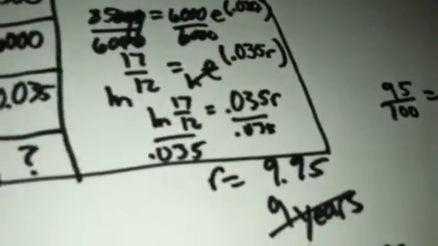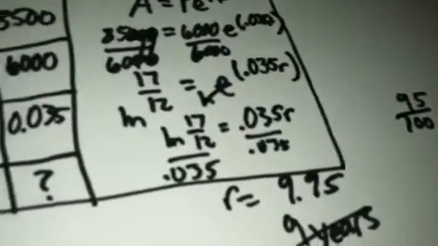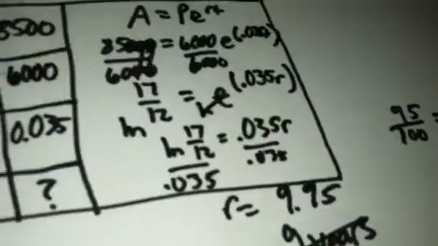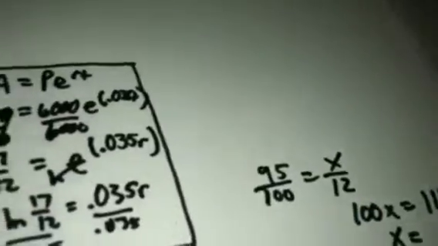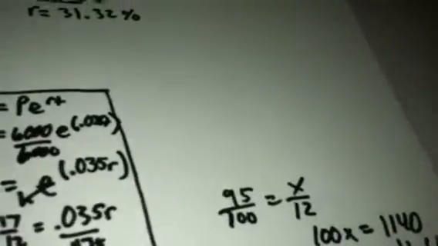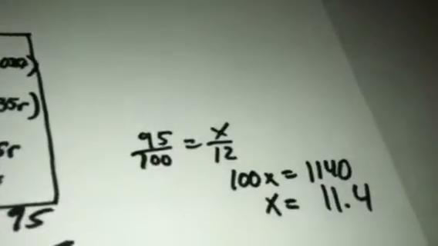Obviously that would be 10 years, but if the 95 weren't 95 and let's say it was 35 or something less, what you would do is set up a ratio: 95 over 100 equals x over 12, which would be 100x equals 1140.